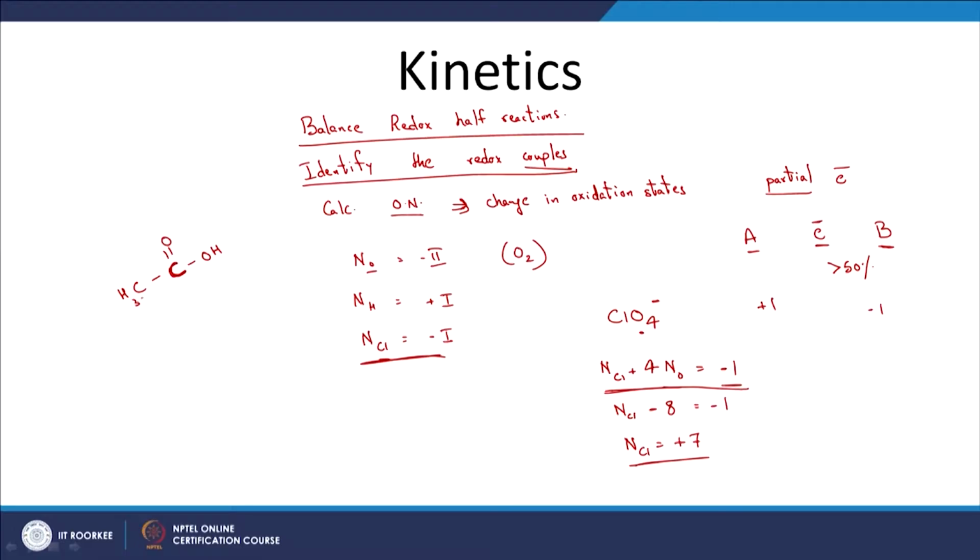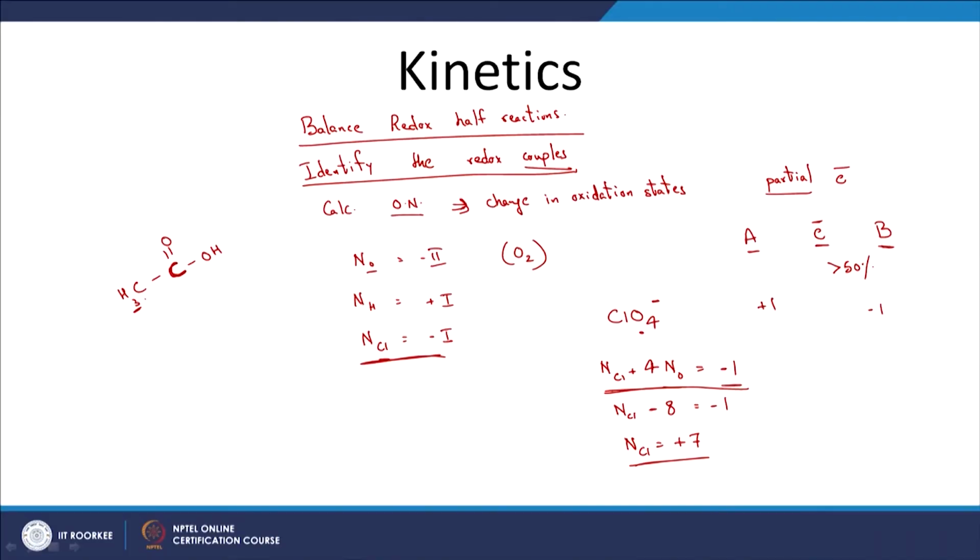On the first carbon, it has 3 bonds with H and one with carbon. Carbon and carbon have the same electronegativity, so no assigning there. So the oxidation state of carbon is -3 plus 0, which is equal to -3.